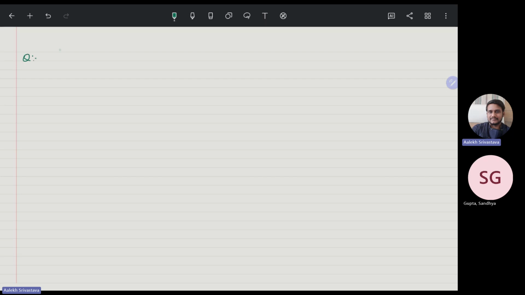In the Moody's chart, I am drawing a representation of it.